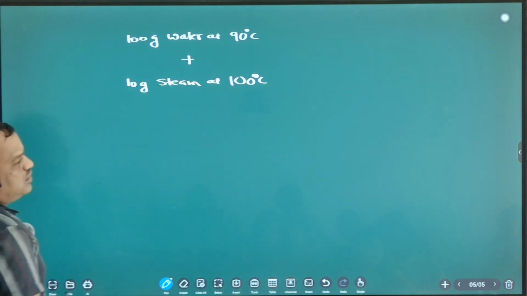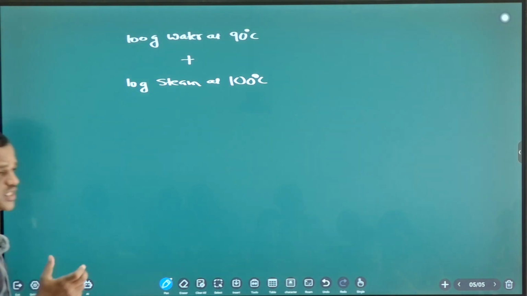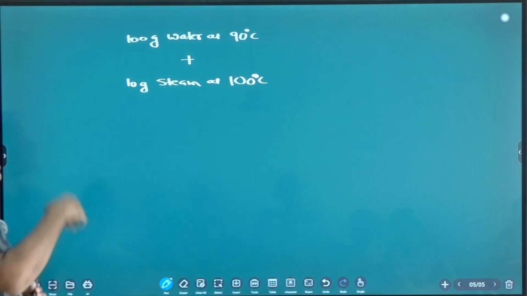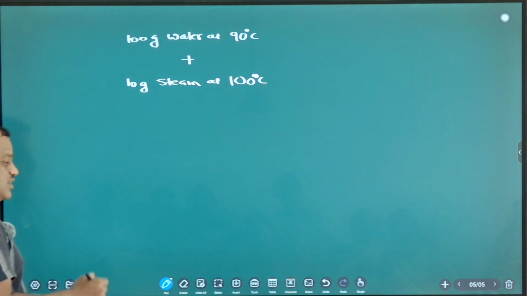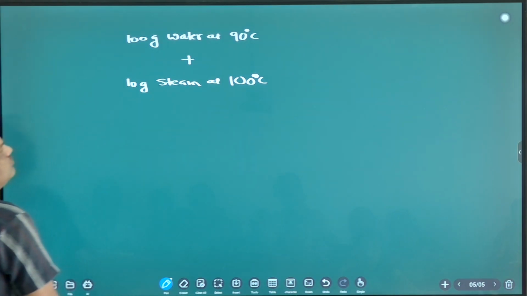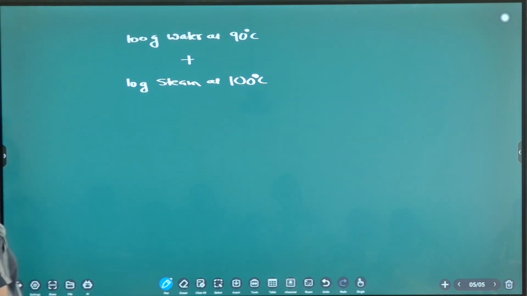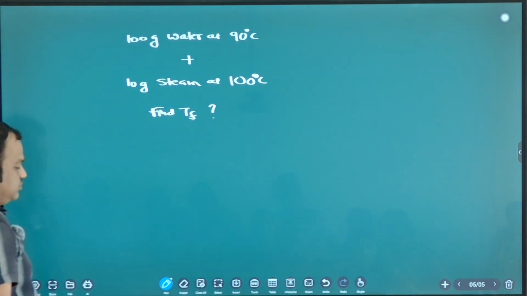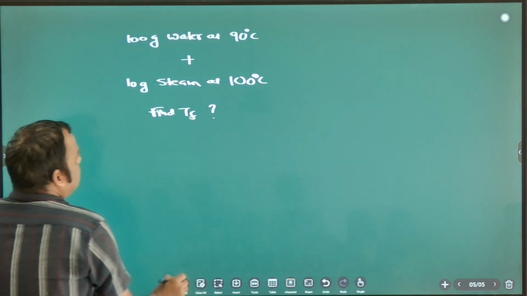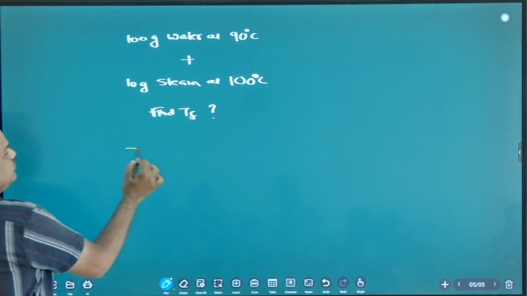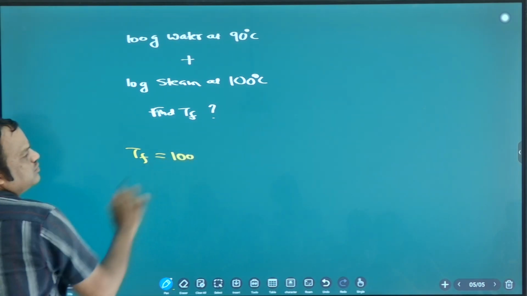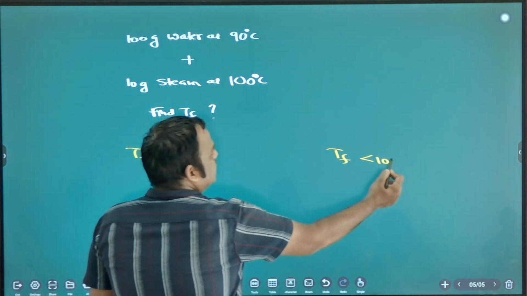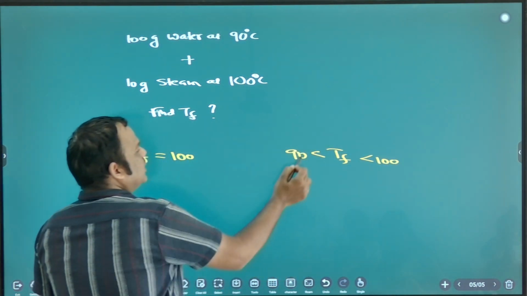What is the minimum temperature of steam? 100. What is the maximum temperature of ice? 0. Correct. Find the final temperature. Tell me the possibilities. First possibility: final temperature equal to 100. Second possibility: final temperature less than 100, more than 90.